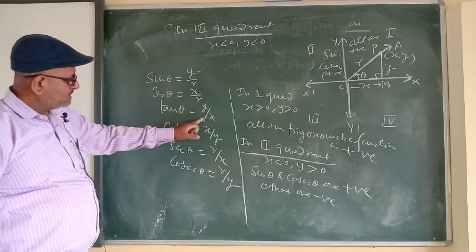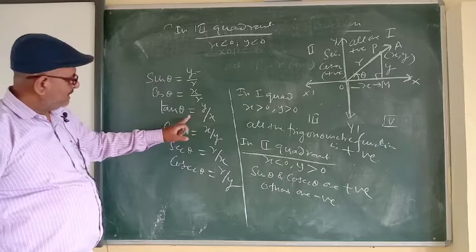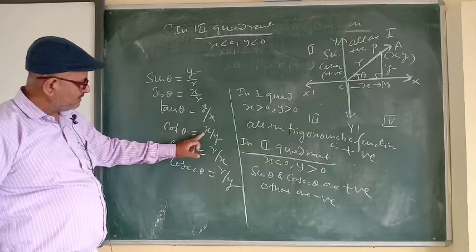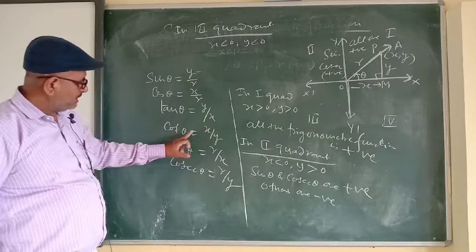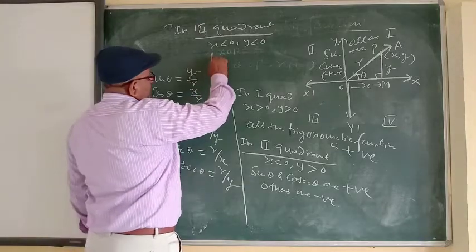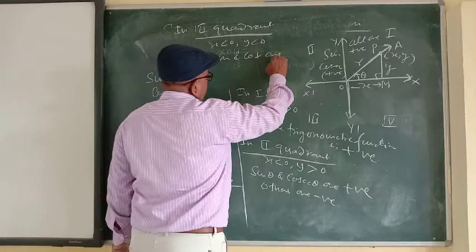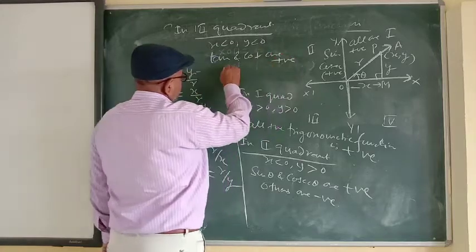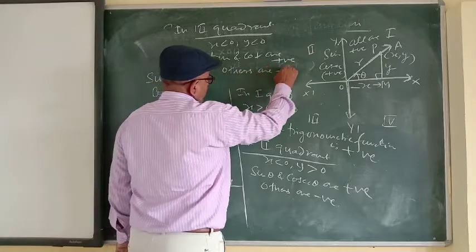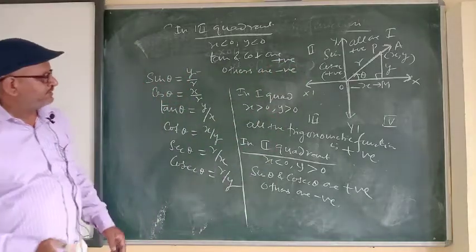For tan, x is negative, y is negative, so y by x will be positive. It means tan theta is positive. For cot, x negative, y negative, negative by negative becomes positive. So cot is positive. So tan and cot are positive, others are negative. Other trigonometric functions are negative in the third quadrant.